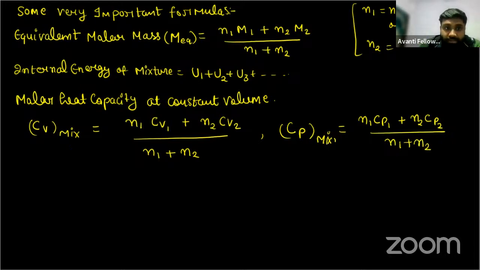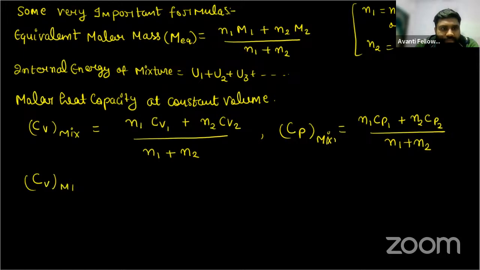Another formula of CV you can write in terms of degree of freedom. If you do not have any idea, but the degree of freedom is given to you, what can you apply?